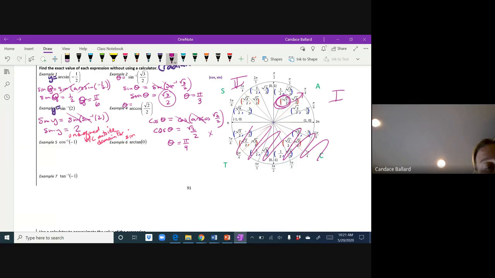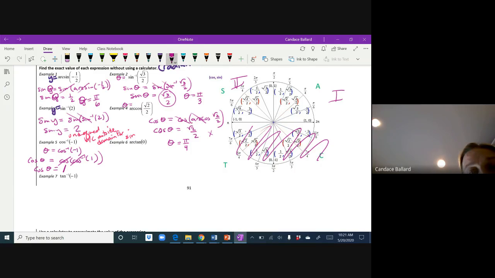Okay. I am going to do a similar thing here. So I'm going to say that theta equals cosine inverse of -1. So in order to undo cosine inverse, I know I have to take the cosine of both sides. So I'm getting rid of that. So I'm looking for where the cosine of theta is equal to -1, where the x value is -1. Again, I'm looking in quadrant 1 and 2.